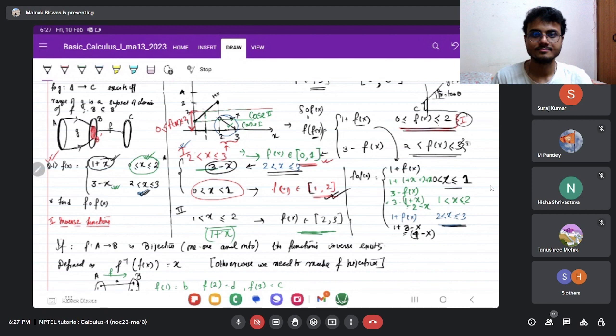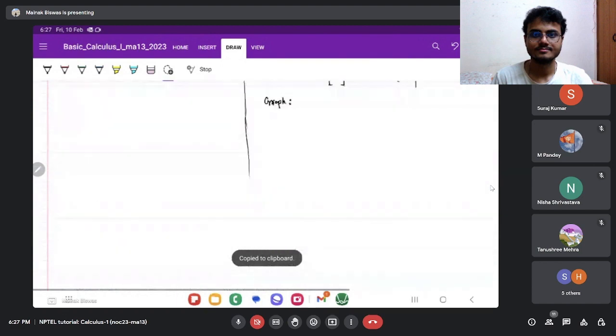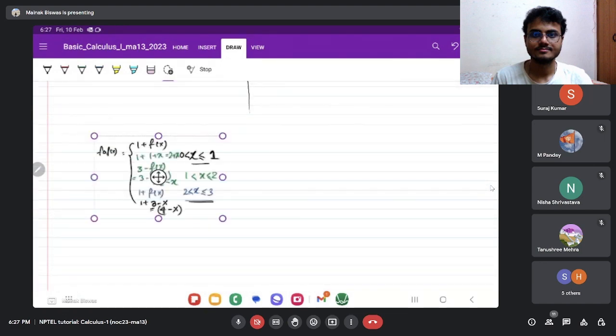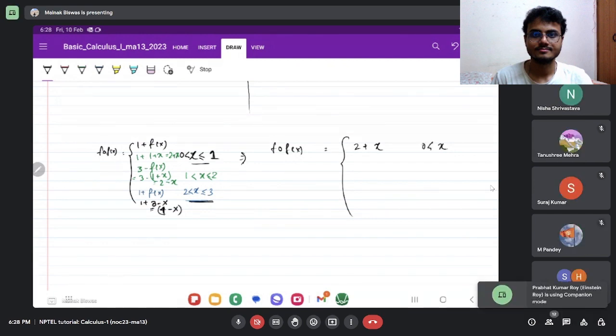So let's put it back here and try to plot the function to see if we have got it correct. So we have written f of x as, this is just a bit of housekeeping that you need to do to solve these questions, and then otherwise it's very simple.